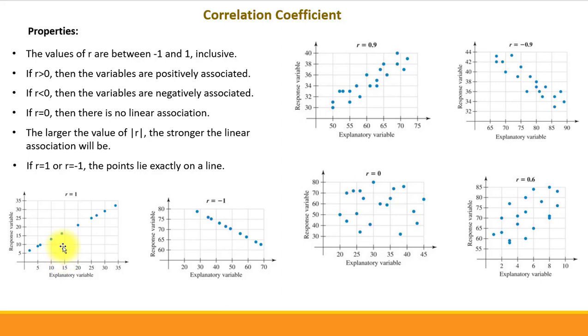So when the correlation coefficient equals 1, it's exact positive linear association. It has this increasing pattern, and we can see how all points are aligned and can be put on one line. And when the correlation coefficient is -1, it's the same case as far as all points being on a line, but since we have this negative sign, that indicates that the association is negative, which means that it has a decreasing pattern.